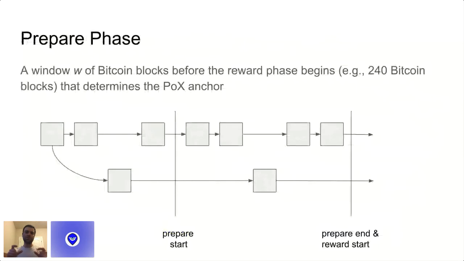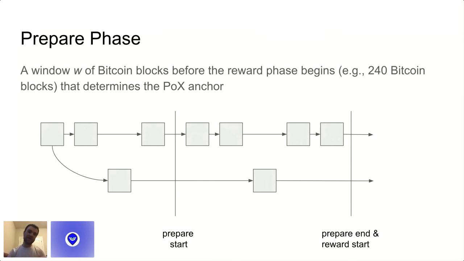Okay, so let's zoom in on the actual process that Stacks nodes go through during the prepare phase. So the prepare phase itself is a window of Bitcoin blocks before the reward phase begins. Could be something like 240 Bitcoin blocks. And during this phase, we're actually selecting the PoX anchor.